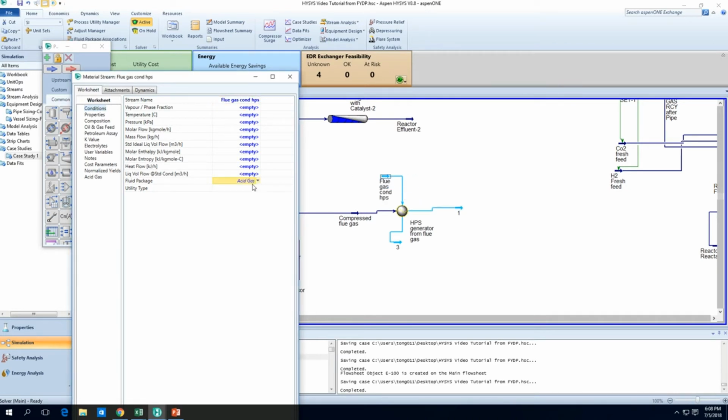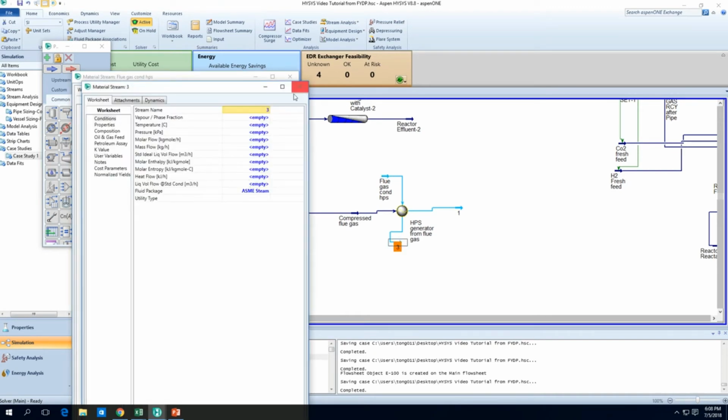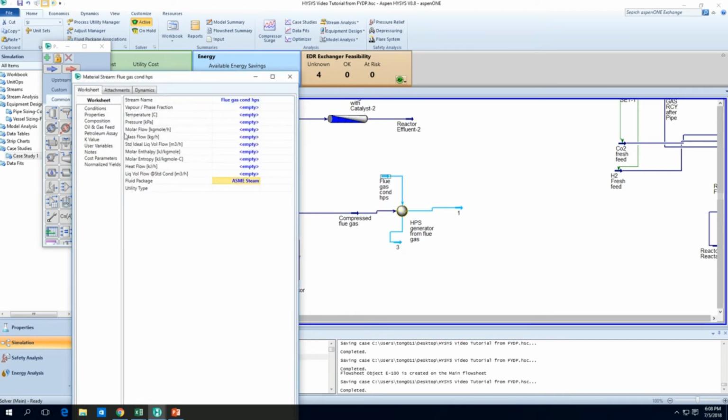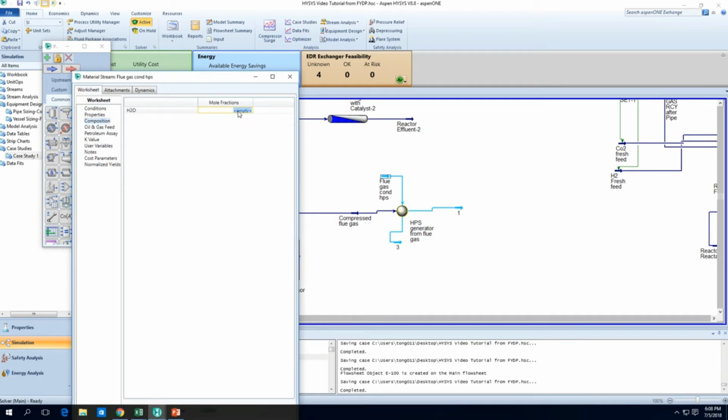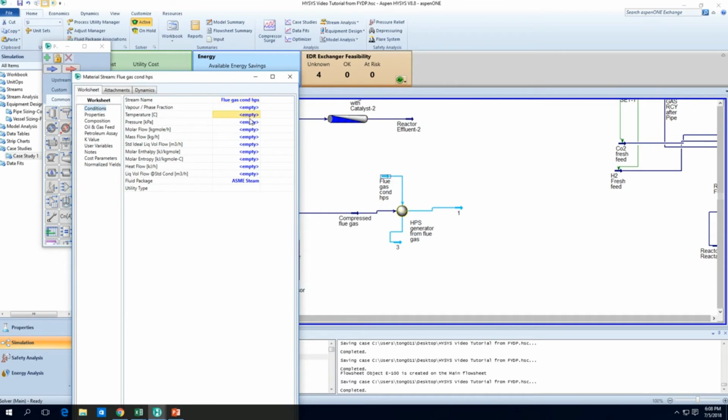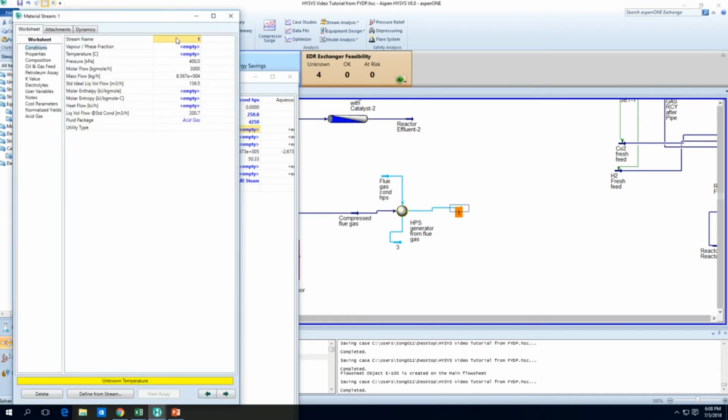I'm gonna use the utility ASME steam, and this will be ASME steam. Composition 100% water, and let's get 250 degrees at 4250. And this will be semi-cooled flue gas.